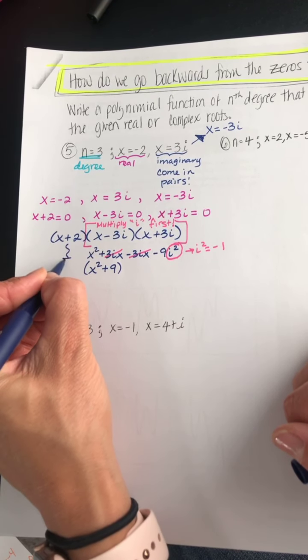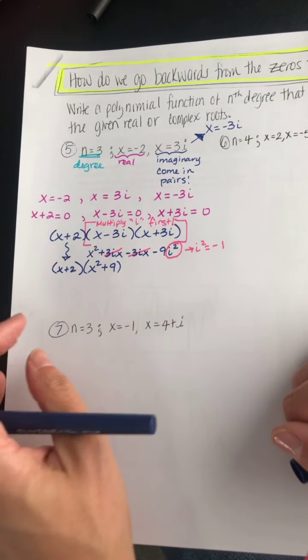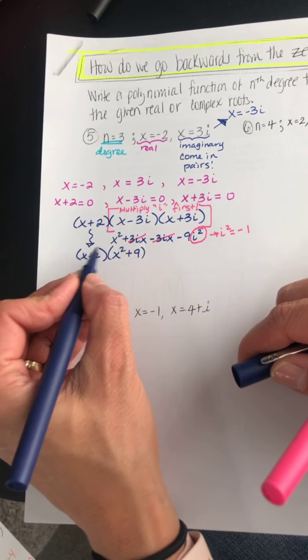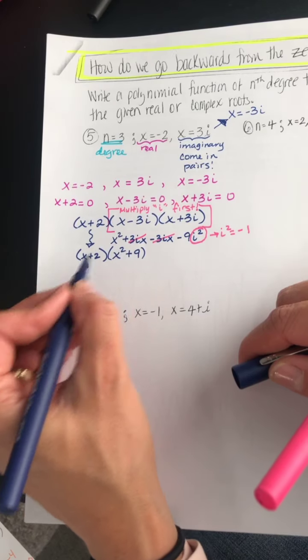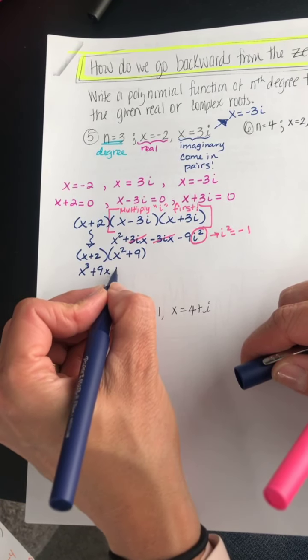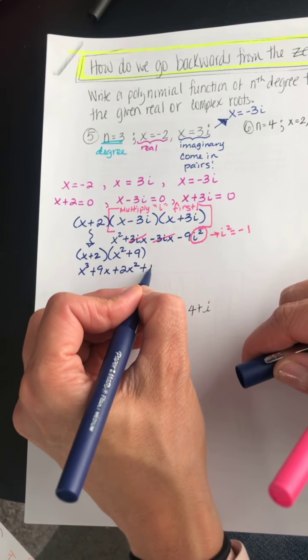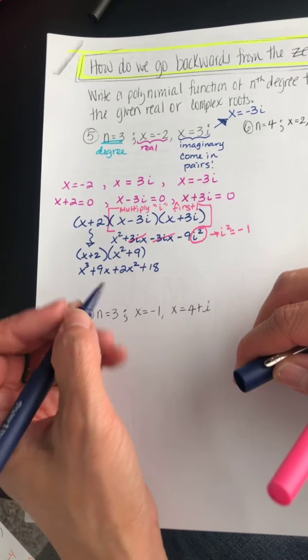We'll now bring down that x plus 2 factor. And now we can multiply that last factor in, and then we'll be done. So let's multiply it out. X times x squared is an x cubed. X times 9 is a 9x. 2 times x squared is a 2x squared. 2 times 9 is 18. It's totally not in order, so let's put it in order and make it look like a function.